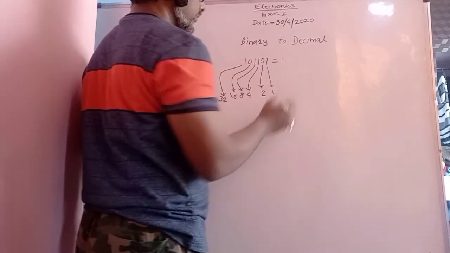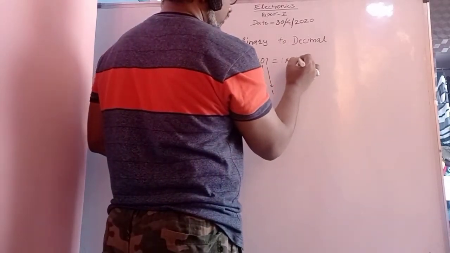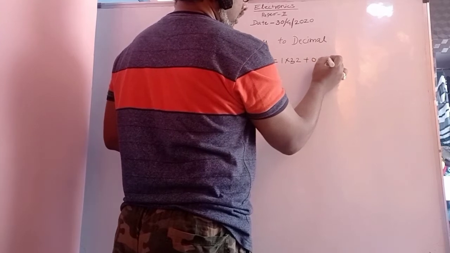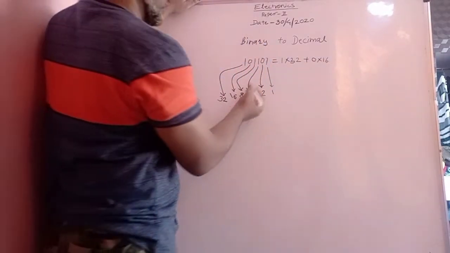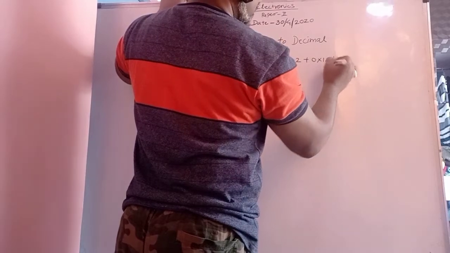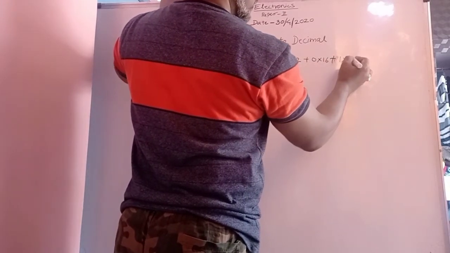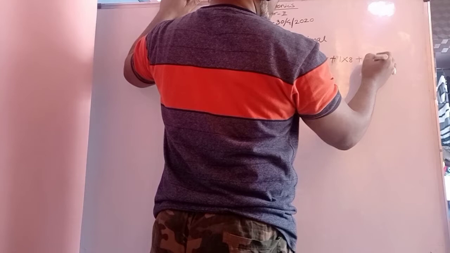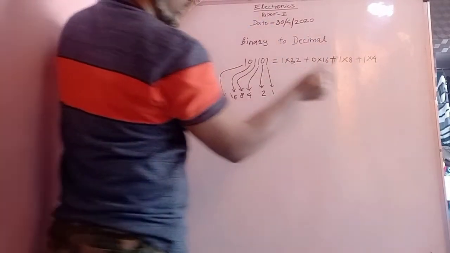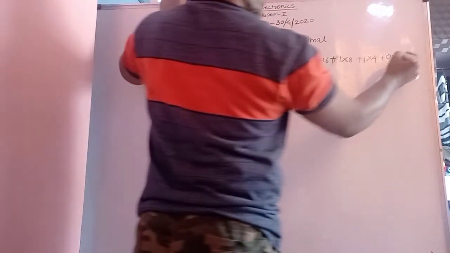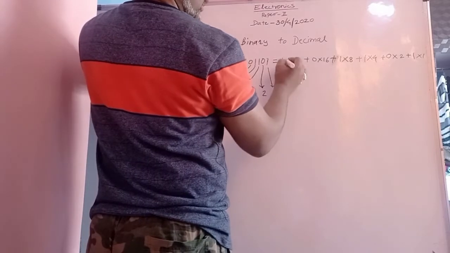So 1 into 32 plus 0 into 16, then 1 into 8 plus 1 into 4 plus 0 into 2 plus 1 into 1.